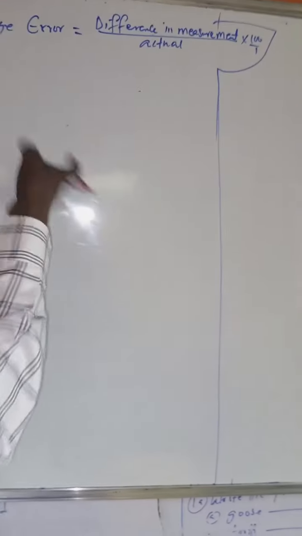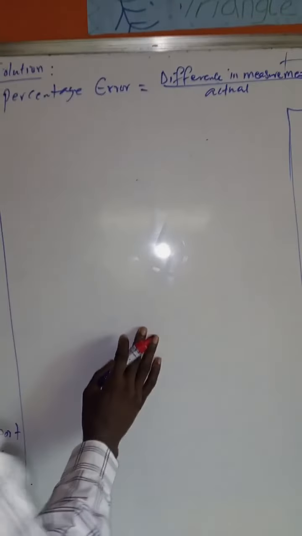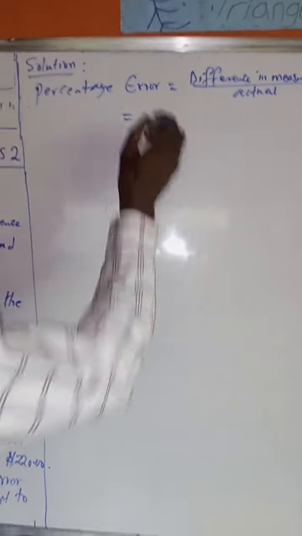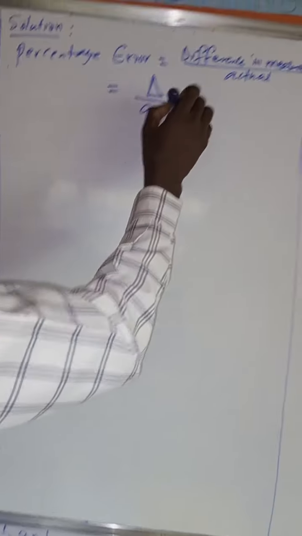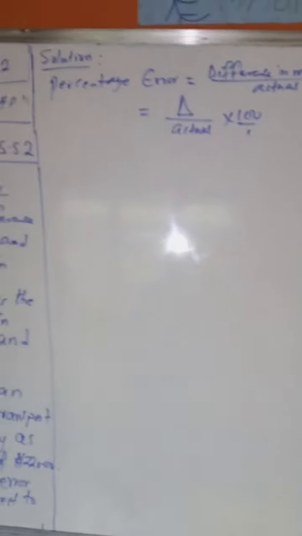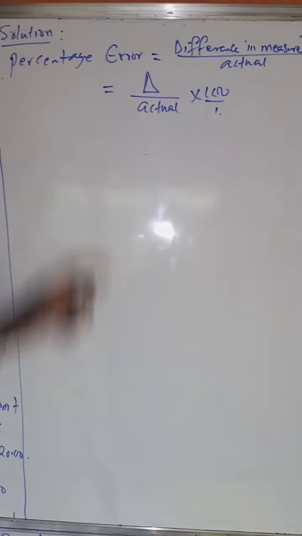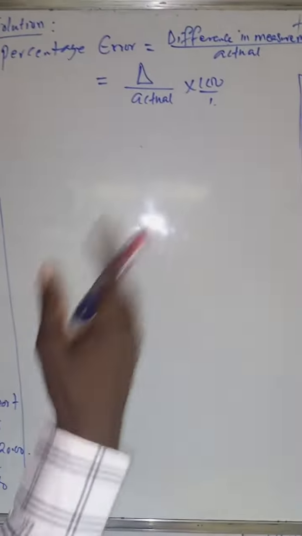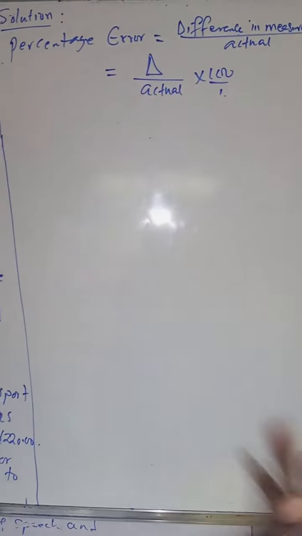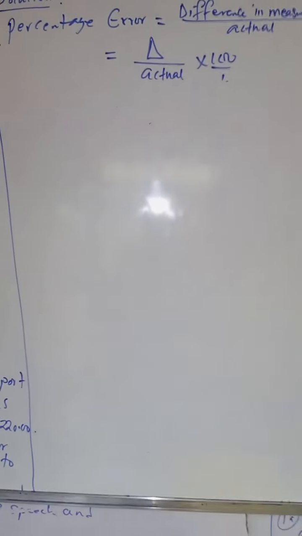Some will say old minus new divided by actual, and they have a lot of formulas, but why do I use this difference? In economics, we make use of change. Change over actual times 100/1. Why do we use change? It has a relationship with differentiation, but that is the economist.